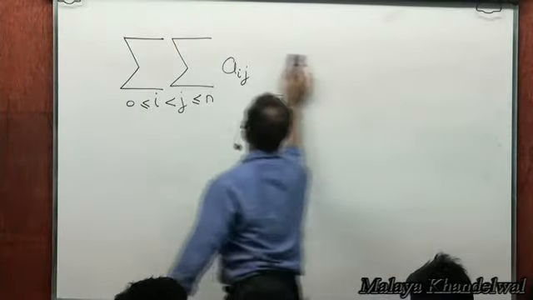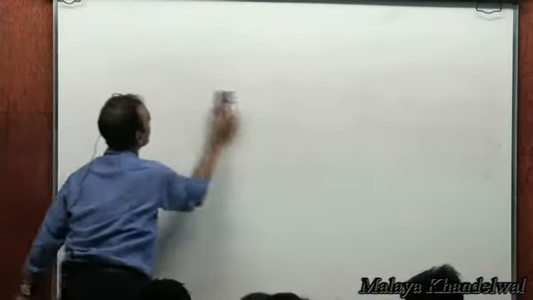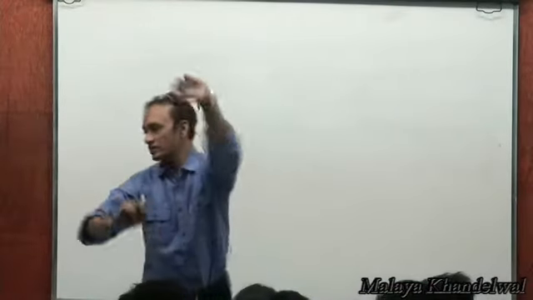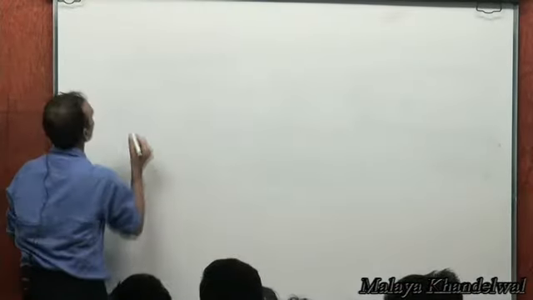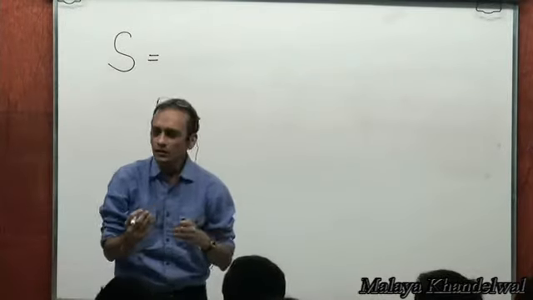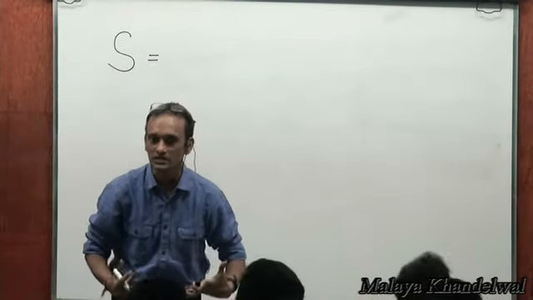Suppose I had the following double summation. The Ci's are the binomial coefficients, say. Let's get to business.